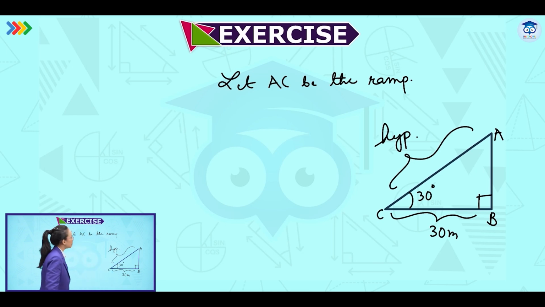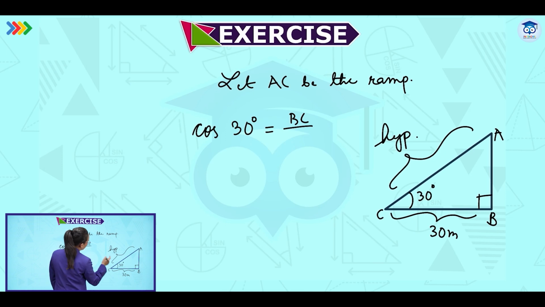So this is the hypotenuse. So we have the what? Base and the angle. So we have to find out the hypotenuse. So we will be using cos, right? So cos 30 is equal to what? BC upon hypotenuse, that is AC.